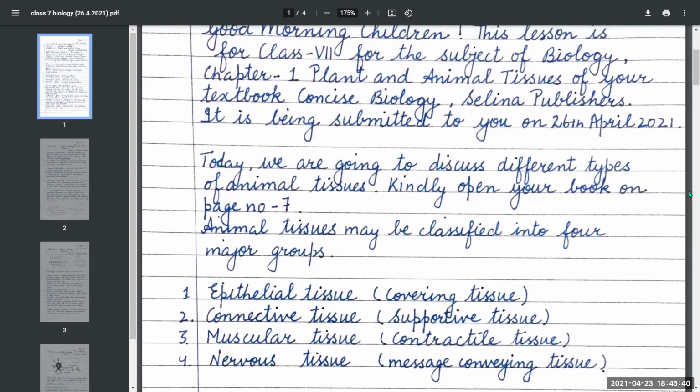Number 2, connective tissue, that is supportive tissue. Number 3, muscular tissue, which is a contractile tissue. Contractile means which can contract and relax. And number 4 is nervous tissue. That is message conveying tissue.